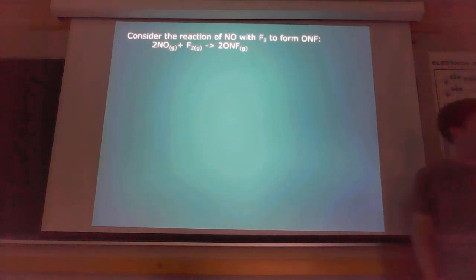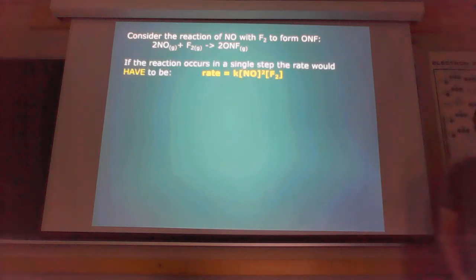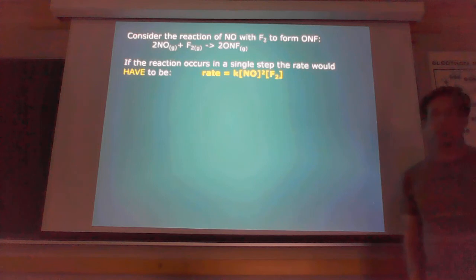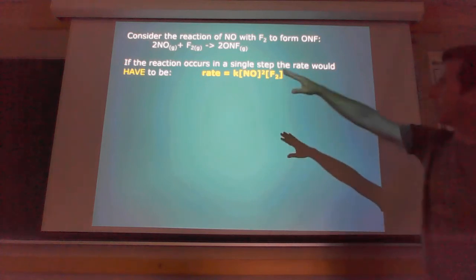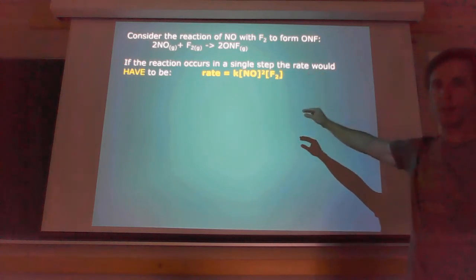All right, so another reaction. We have two nitrogen monoxide molecules reacting with fluorine to form two ONF molecules. If this was an elementary reaction, if the reaction happened in one step, then I should be able to take the coefficients from the beginning and write the rate law.